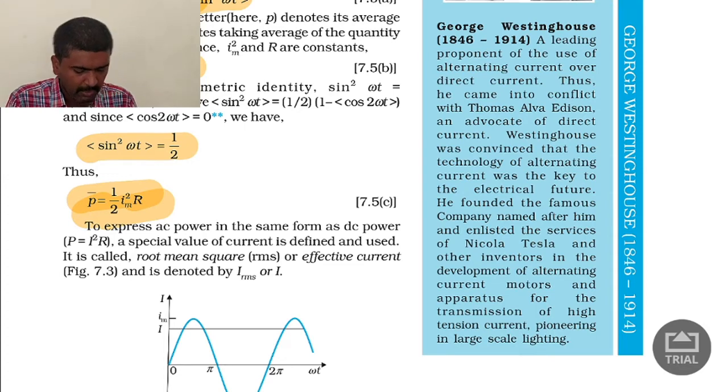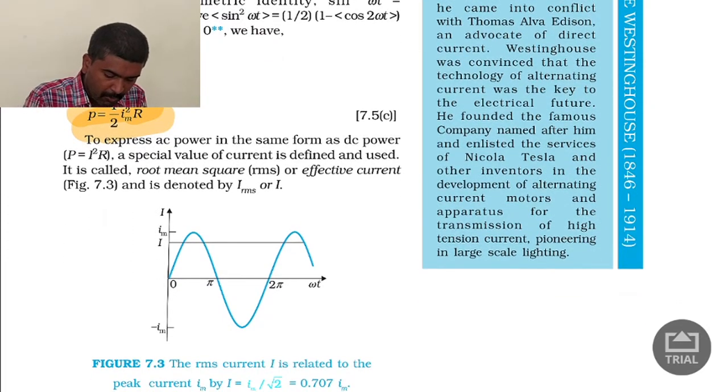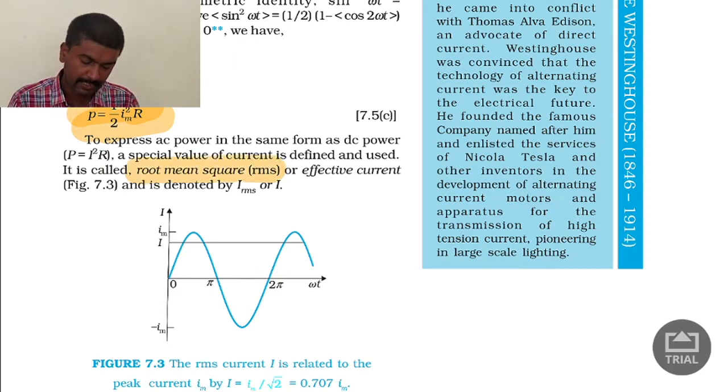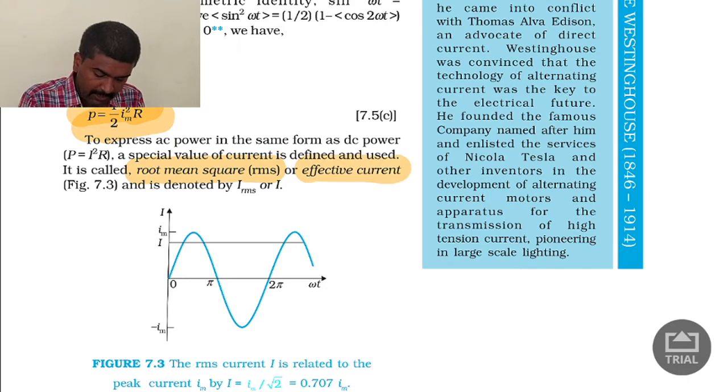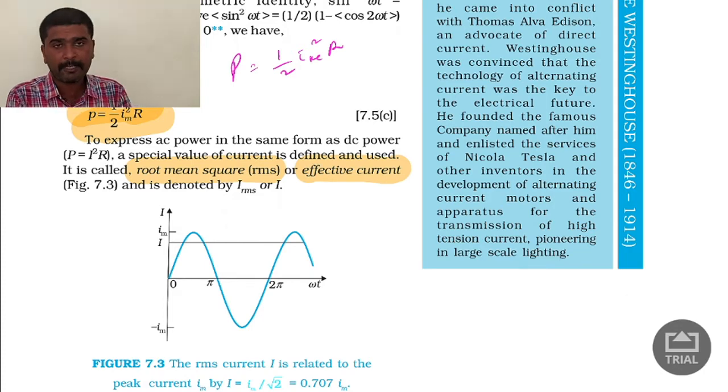Now here I will define one parameter, called root mean square current or effective current, IRMS. Because I got the power dissipation equal to 1 by 2 Im square R, I am defining an effective current.